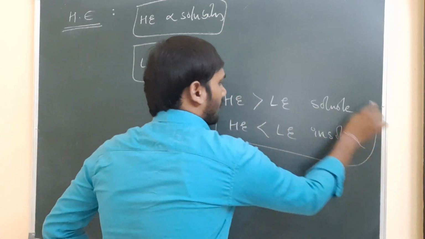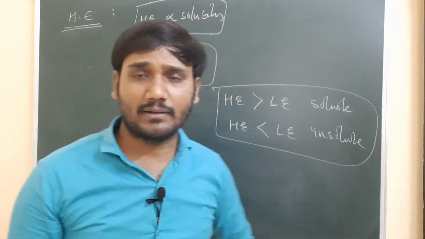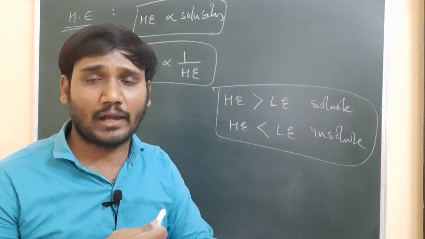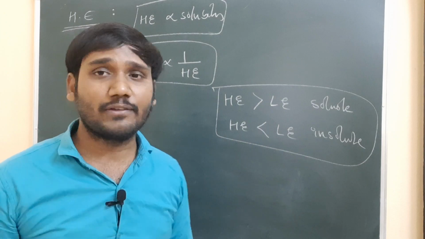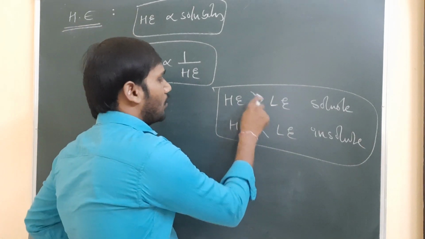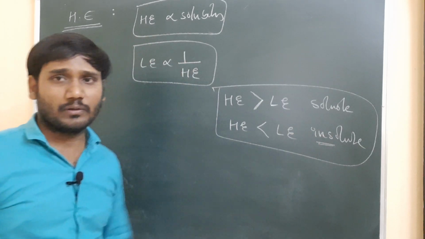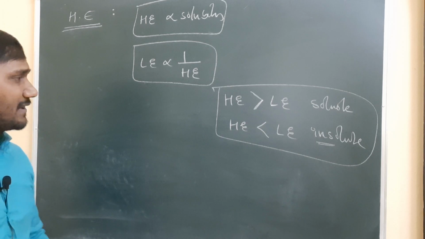This is very important. If asked which of the following compounds is soluble in water, they will give hydration energy and lattice energy values. We have to identify which value is more. If hydration energy is more, the compound is soluble. If lattice energy is more, the compound is insoluble. So this is the hydration energy and lattice energy relation.